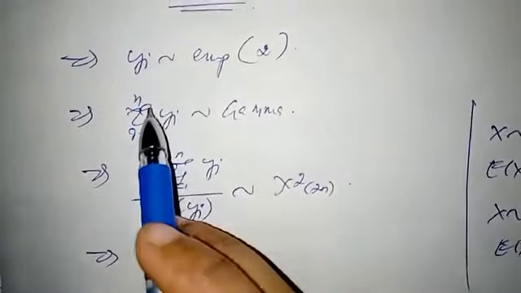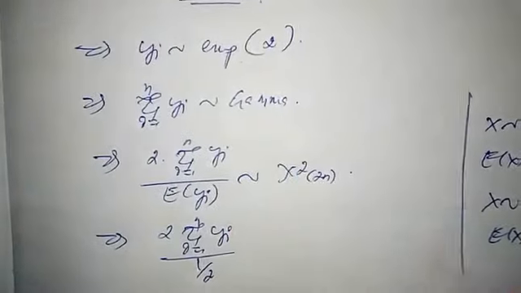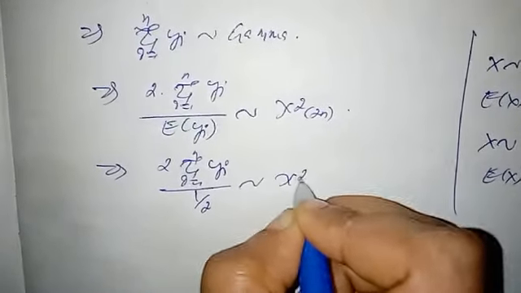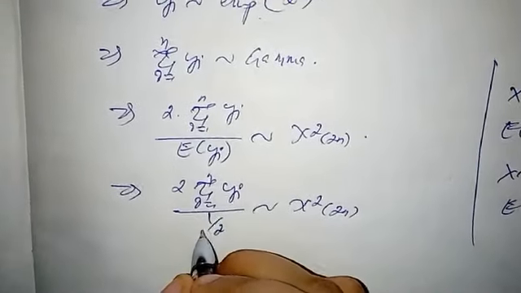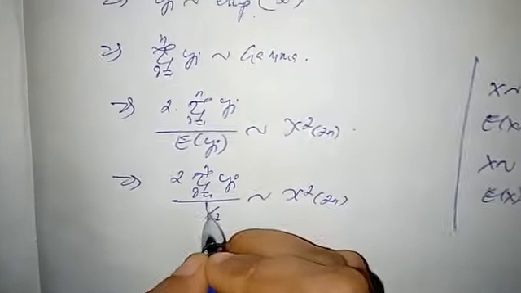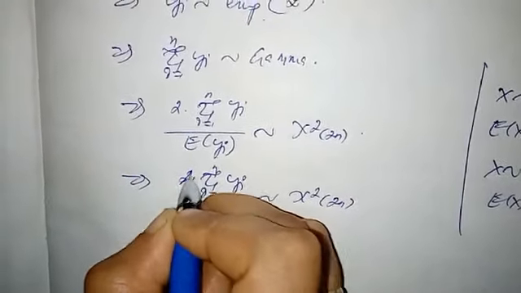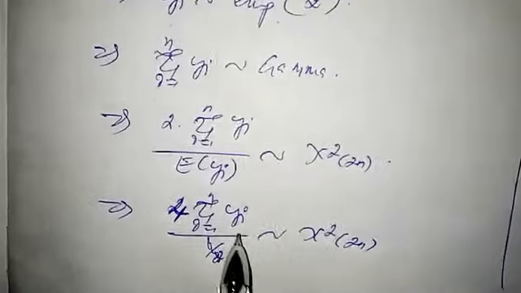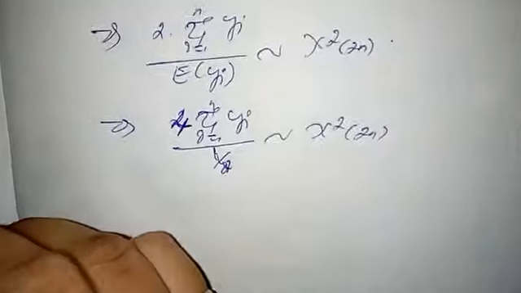Here y follows exponential with parameter 2, so expectation of y is 1 by 2. Then you can write it as 4 into summation yi, which follows chi square 2n.